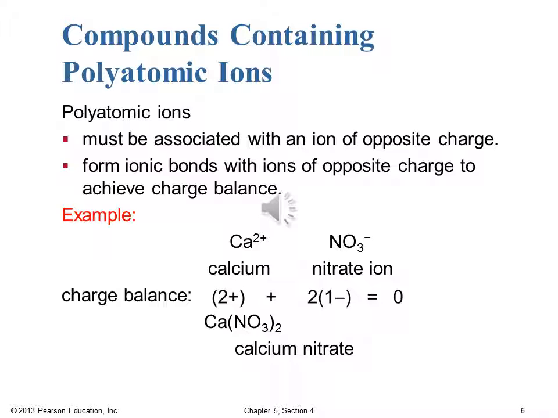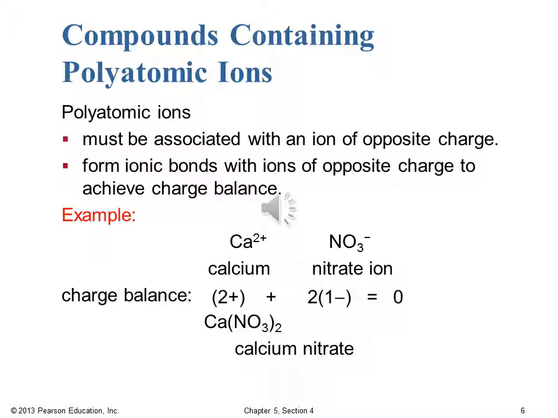And if we look at our example here, if we have calcium ion as our cation and nitrate ion as our anion, well, calcium is group 2 or 2A, so it's going to form a 2 plus ion. The nitrate is a -1, so when you memorize the names, please also memorize the charge, because it is important that you know nitrate's a -1.